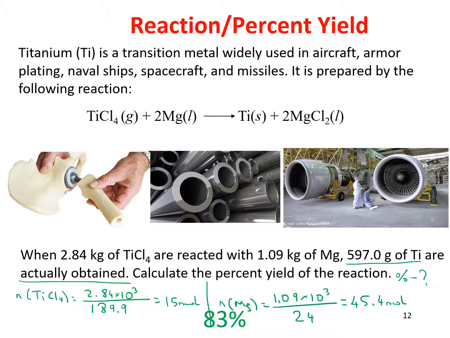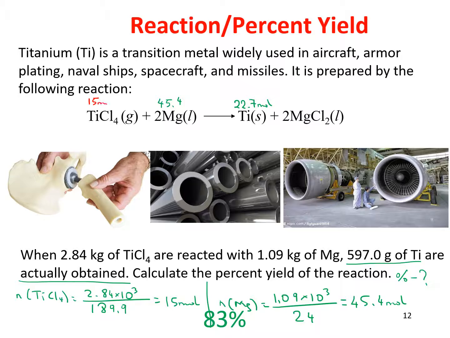Okay, now let's determine which one is actually the limiting reactant. Magnesium here goes 45.4, and so according to that I've got to get half of that. So divide this by 2, I'll have 22.7 moles of titanium formed if this was the limiting reactant determining the process.